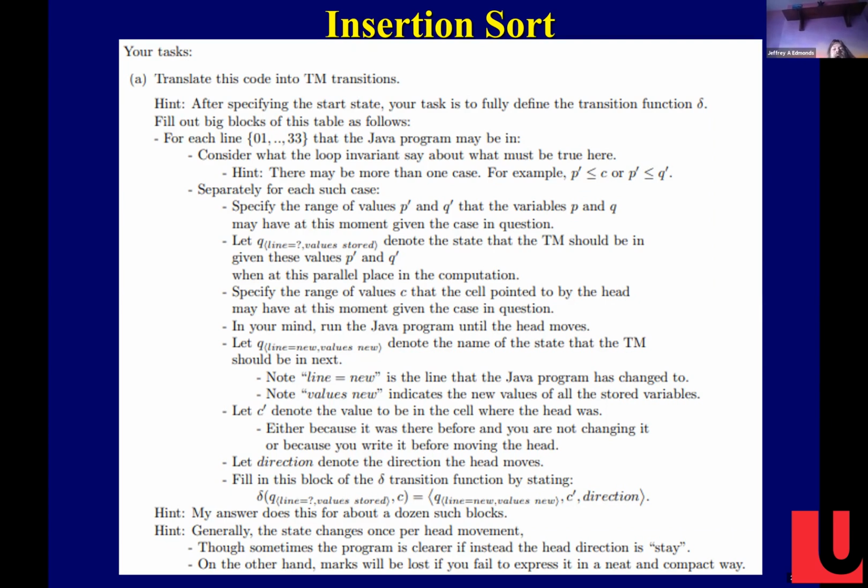So now you have to fill in a block of the table. So you start with, what line of code am I working on, right? Well, maybe I'm working on line 9 or some line I'm working on. Why am I working on line 9? I'm not going to work on all the lines.